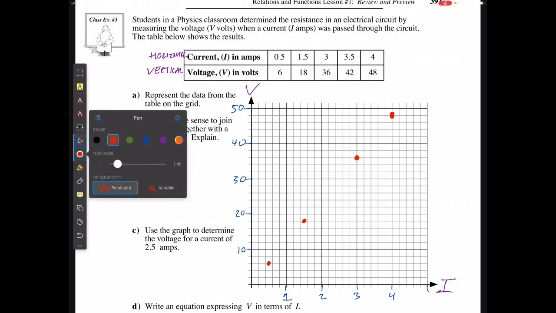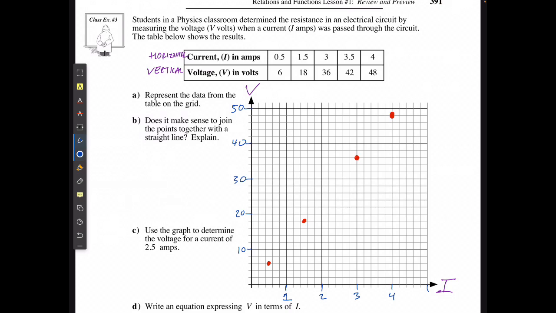In this case, when it says, does it make sense to join the points together with a straight line? Yes. The data is continuous, and partial points can be used.